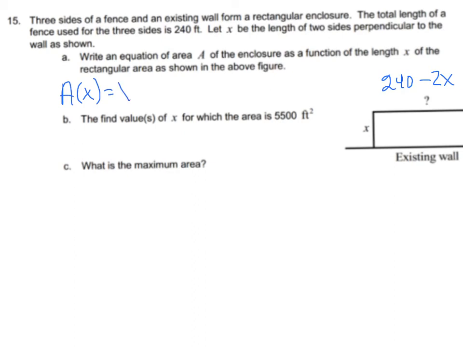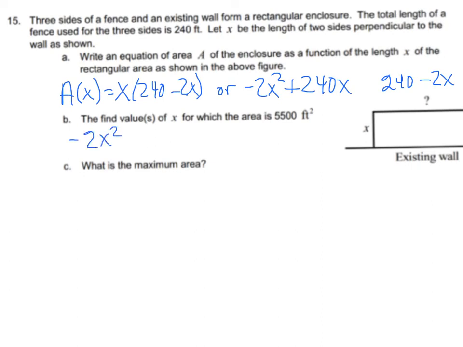So it's going to be x times 240 minus 2x, or negative 2x squared plus 240x. A nice quadratic. We want to find the values for which negative 2x squared plus 240x equals 5,500.